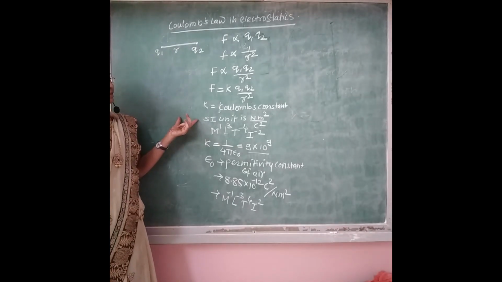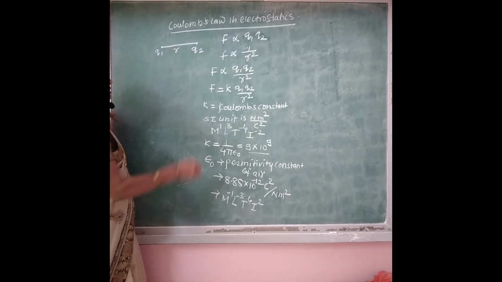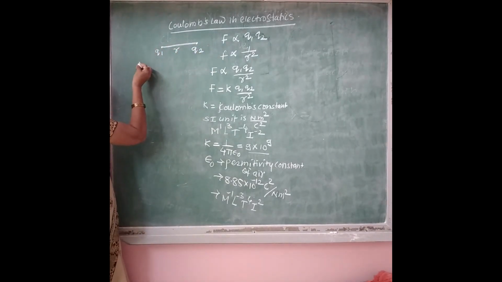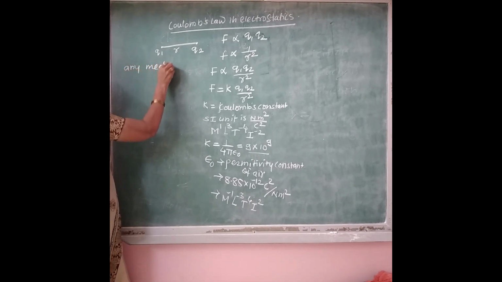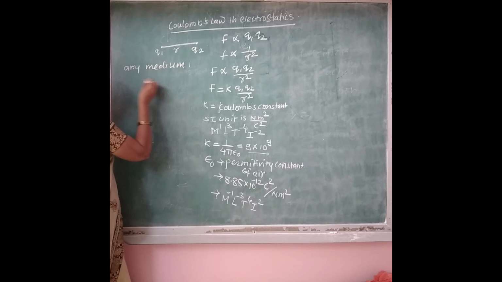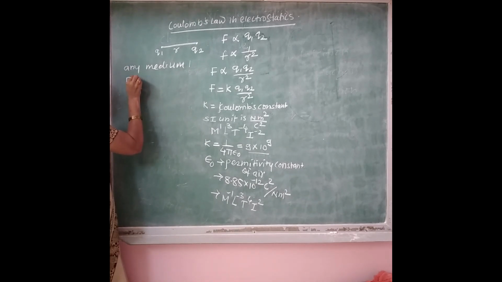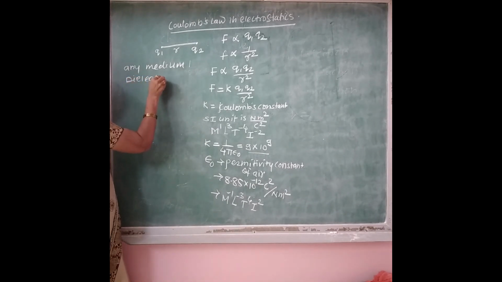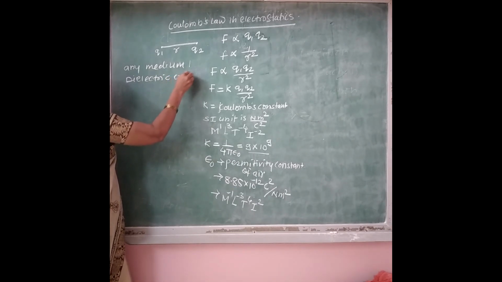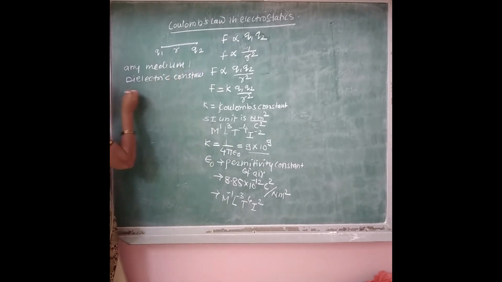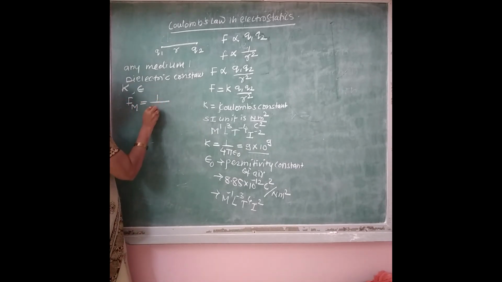If these charges are placed in any medium of dielectric constant K, and permittivity is epsilon, then the Coulomb's force in any medium can be written with 1/4 pi epsilon.